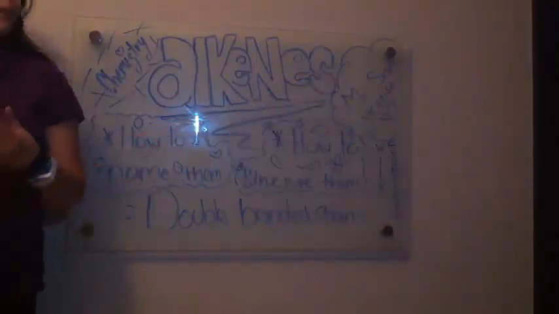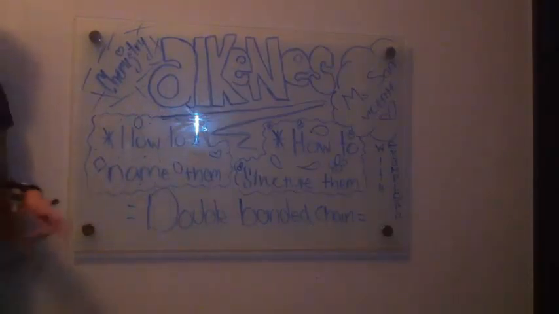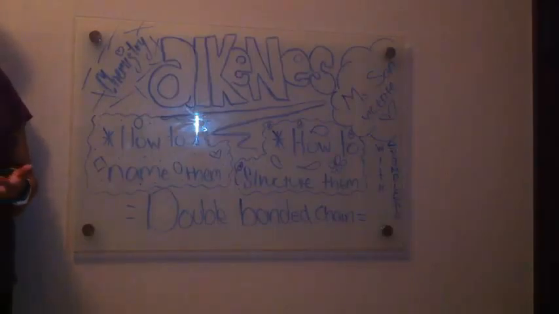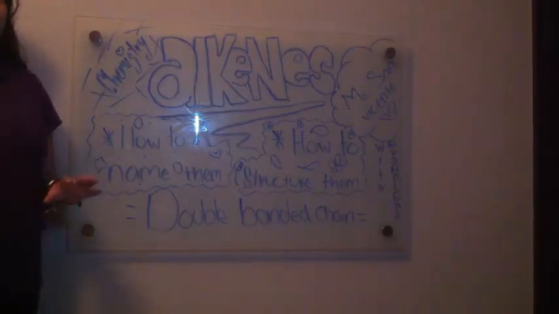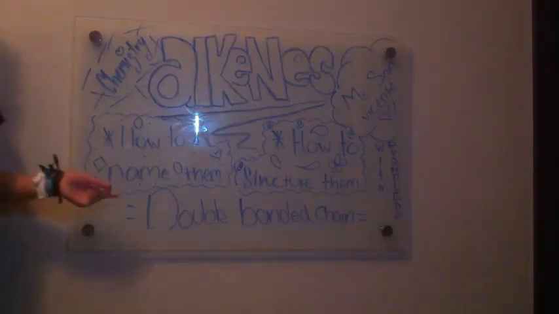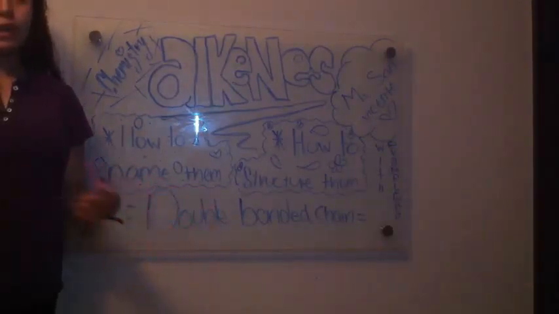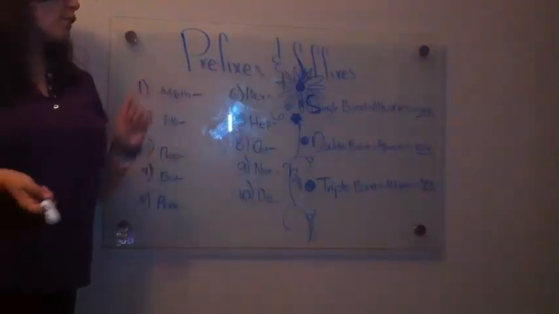Hi, in this tutorial I will talk about alkenes. What are alkenes? Alkenes are a double-bonded chain composed of carbon and hydrogen, sometimes composed of other elements. In this tutorial I will teach you how to name alkenes and how to structure them from their name. There are prefixes and suffixes.